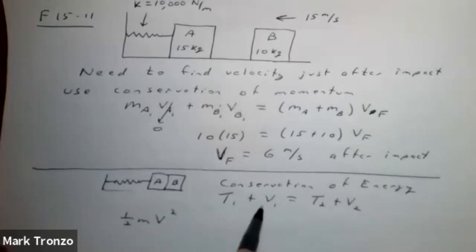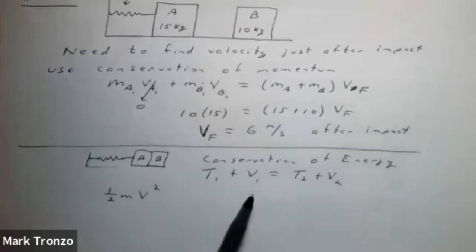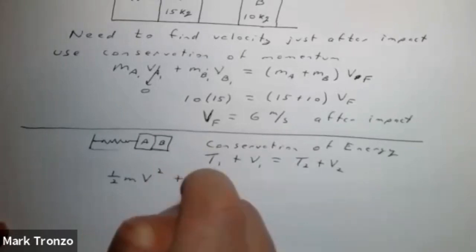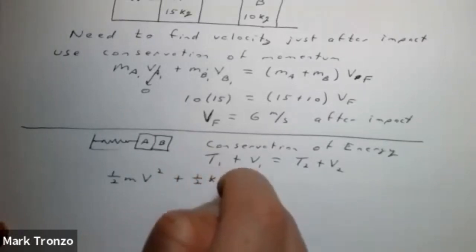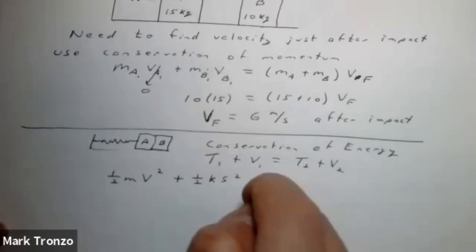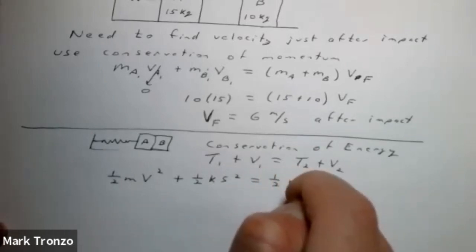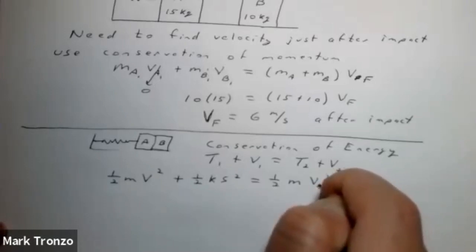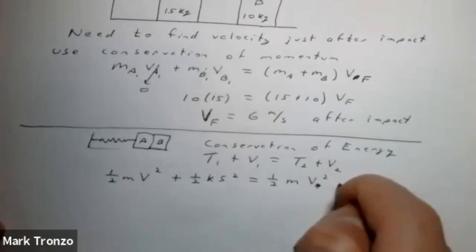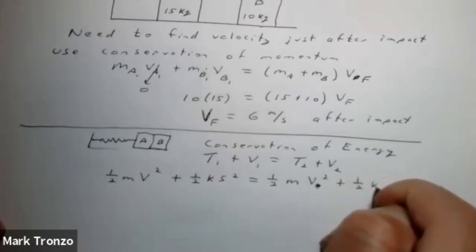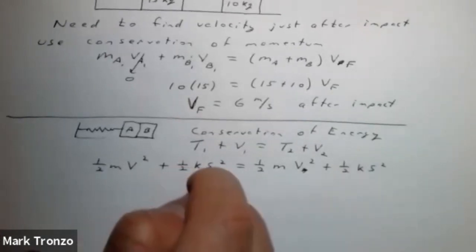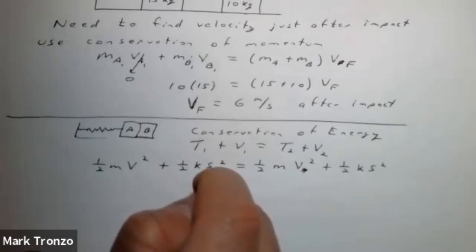And now for our potential energy, again, there's no change in elevation, but we do have a spring. So we're going to have to put in the potential energy for the spring. So this equals 1/2 M after it stops on the right-hand side. I don't know what kind of subscripts you want to use here, because we already used F. And again, this is the spring, and S is 0 before the spring compresses.